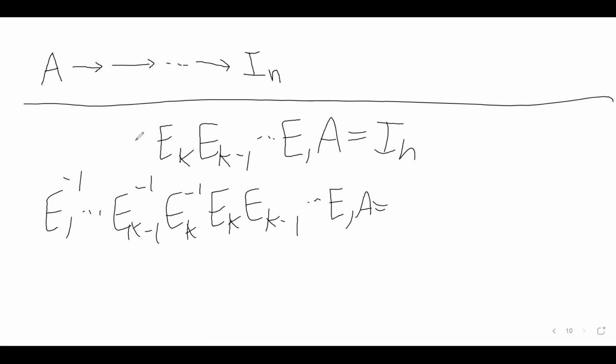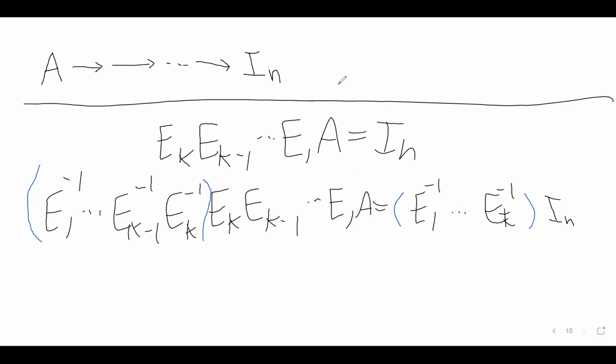I left multiplied the left side by that, and now I'm going to left multiply the right side by that same thing. To save space, I'm just not going to include the Ek minus 1 inverse. It's in the dot dot dot. So I left multiply both sides by that.